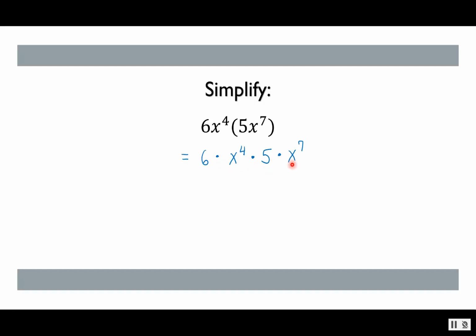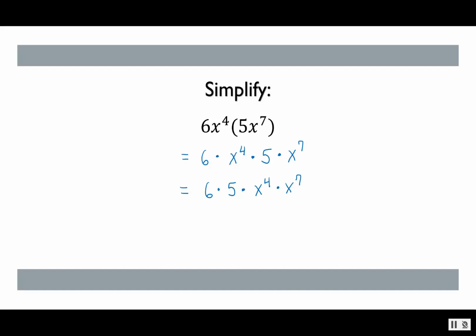We notice that the only operation that occurs in this statement is multiplication. Multiplication is commutative. That means that I can rearrange the factors in a multiplication sentence without affecting the outcome. For example, 2 times 5 times 7 will give me the same result as 7 times 2 times 5. So I'm going to use the commutative property of multiplication to rearrange the factors in this expression.